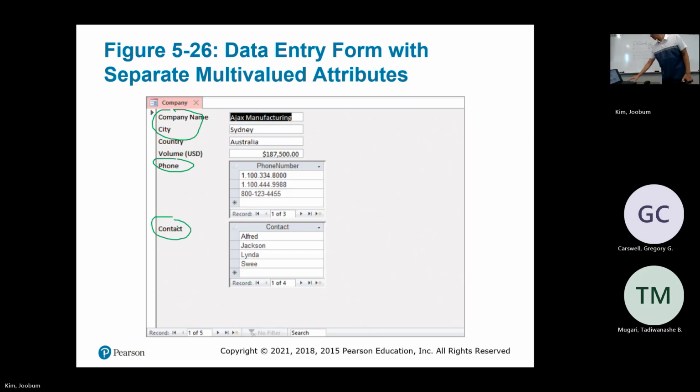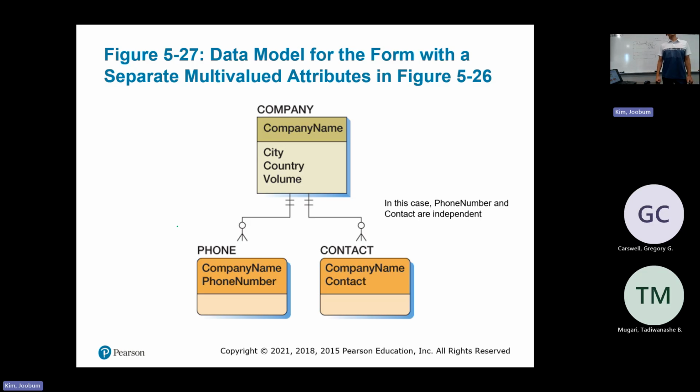So we can draw it like this: company name is used in the phone entity and also in the contact entity, with the phone number and the salesperson number.